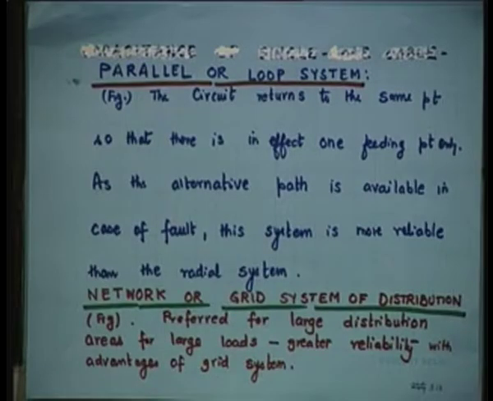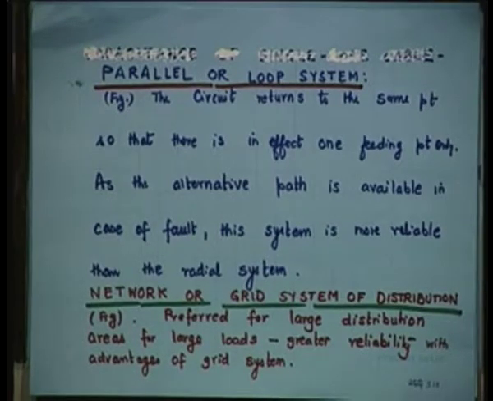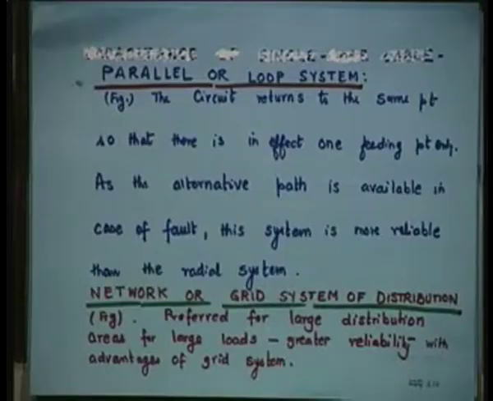Coming back to the network or grid system. Preferred for large distribution areas, large loads, whole of Noida, whole of Greater Noida. Now this has become a very dense area. A lot of Ghaziabad, a lot of industries are there. Gurgaon, Faridabad. It has greater reliability with the advantages of a grid system.